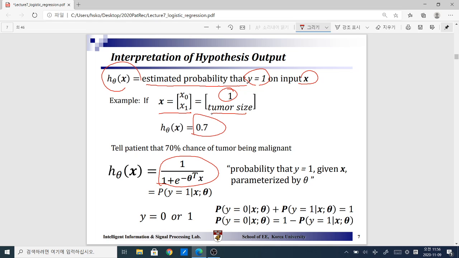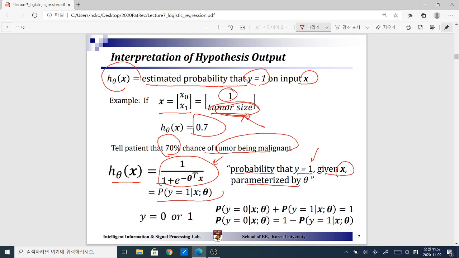So what this 0.7 can be interpreted as is that this particular feature will indicate the output to be 0.7, which means that the patient having this tumor size would have a 70% chance of having a malignant tumor. So this logistic function is to represent essentially the probability that the label is 1, that is, that the tumor is malignant, given the feature, which is parameterized by theta.